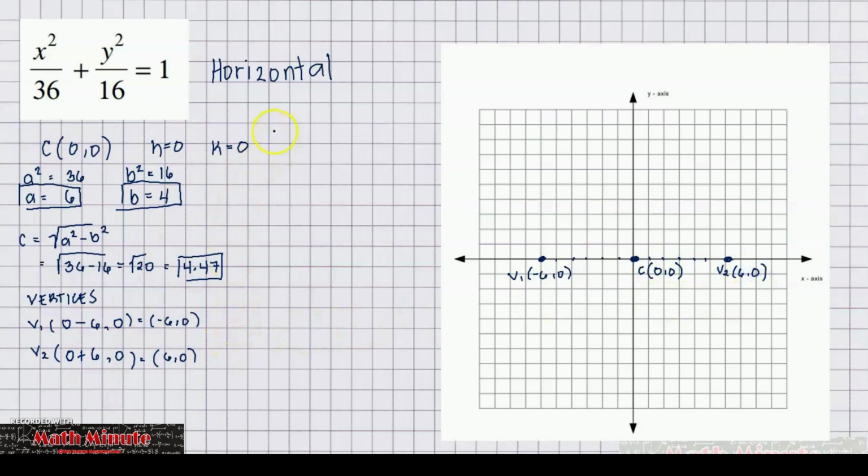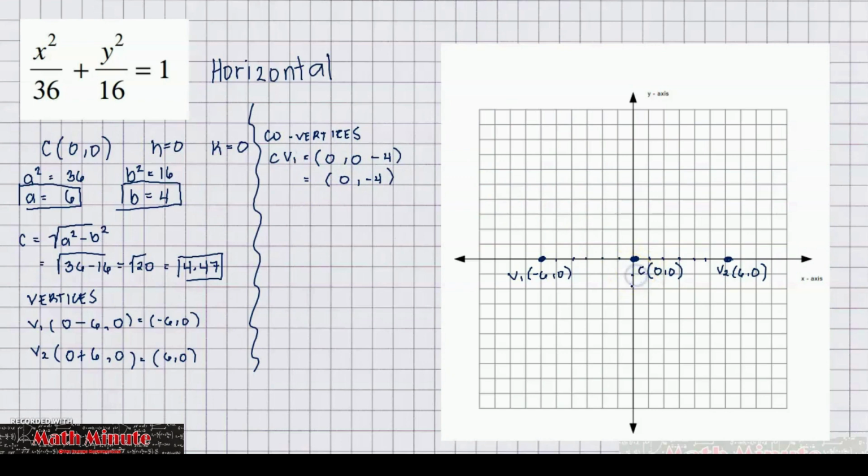Next will be the value of your co-vertices. If on vertices you added and subtracted on h, here you will add and subtract from k. So CV sub 1 will be equal to 0, then 0 minus the value of b, which is 4. And that will be equal to 0, negative 4. Let's locate it here.